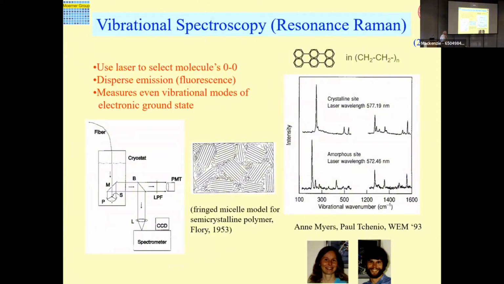You're in resonance with one molecule and you disperse the emitted light and you see these spectra, which of course are the vibrational modes of the electronic ground state. So these are different in different local environments for the different single molecules. Here's one at one laser pumping frequency, and here's one at another pumping laser frequency. So that's another whole story.